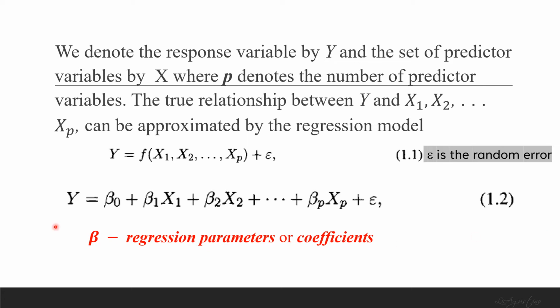As you can see on the screen, we have y equals beta naught plus beta 1 times x1 plus beta 2 times x2 until beta p xp plus our error term or the random error. The betas are the regression parameters or coefficients, and these betas are unknown constants to be determined from the data.